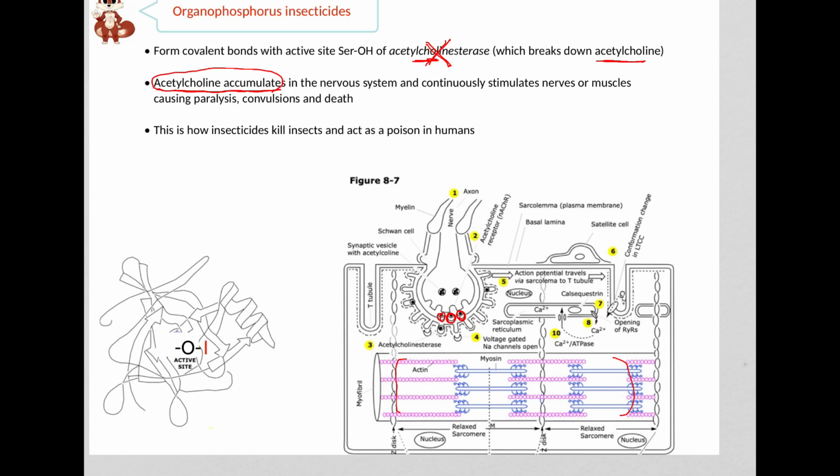It cannot relax. That can lead to serious problems, including paralysis, convulsions, and eventually death. In fact, this is how the insecticides kill insects and act as a poison in small amounts in case of humans.